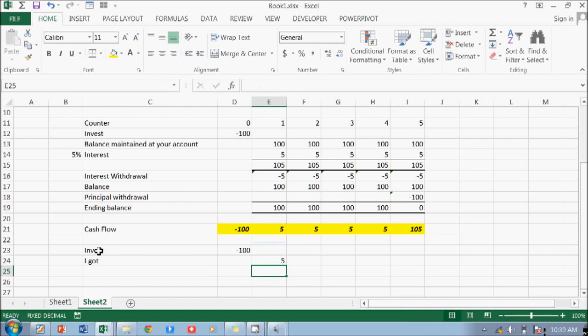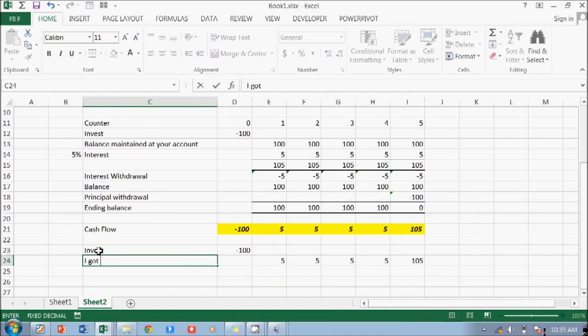This is what I got. I got interest first, and then I got my money, my principal, back.